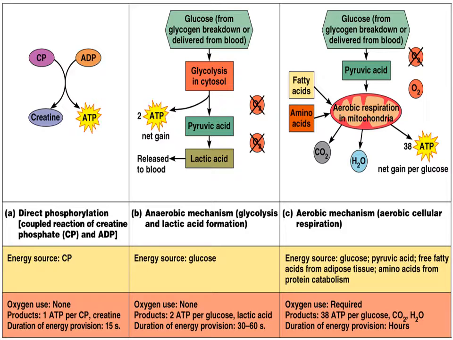The cell then uses the 3-carbon pieces in fermentation to make lactic acid. That fermentation does not give us more ATP but allows the cell to continue running glycolysis. This method lasts a few minutes, but eventually the cells will run out of glucose. This method is used by all muscle cells but is the only option for certain fast twitch cells.